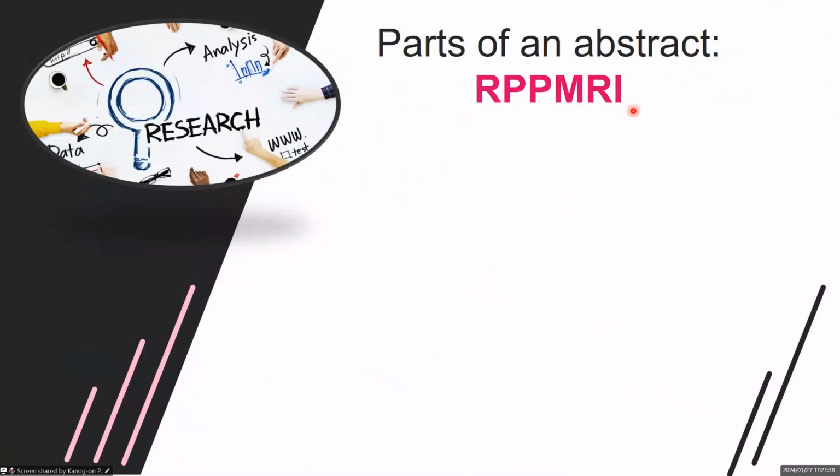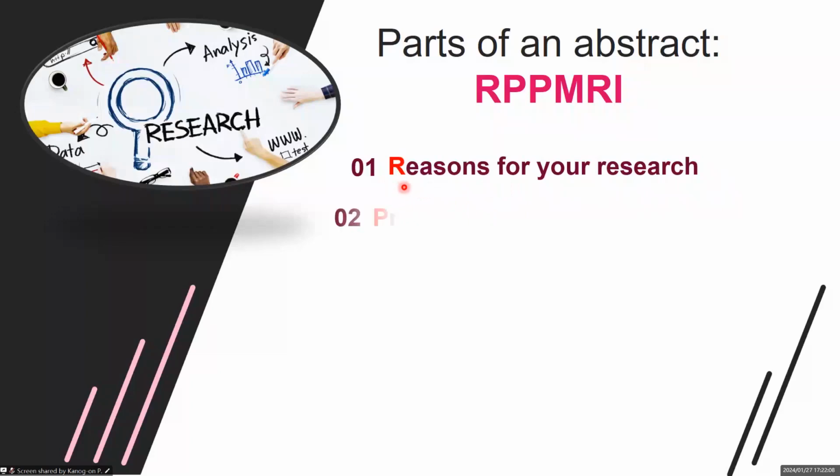The first one is R, research. This part is about why you're doing the research. You might take this part from your introduction, because mostly your introduction shows why you want to do this research. So that is the reason; you just take it from there. The next part will be P, which stands for problems and questions of research.